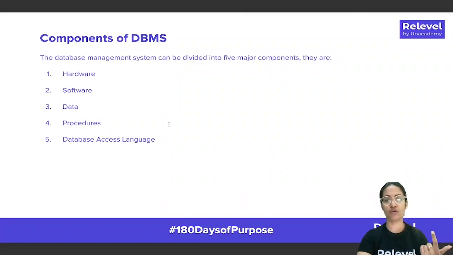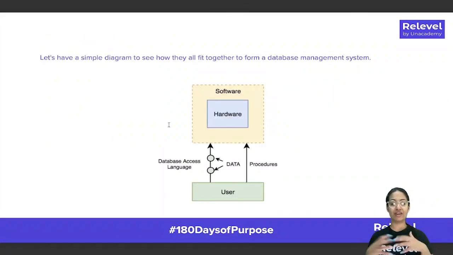Then we talked about the few components of the databases. First is the hardware, right? Hardware is nothing but anything that is used by the database management system. Keyboard, you write your command, this is hardware. Your database management software is stored and it takes up computer memory, that's also hardware. Next, we talked about software.